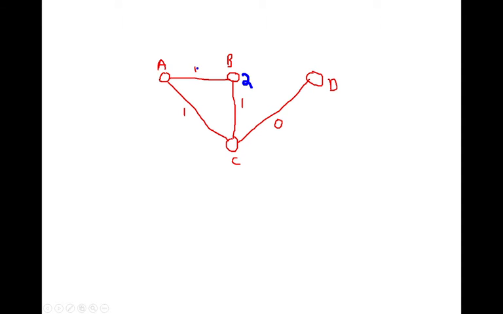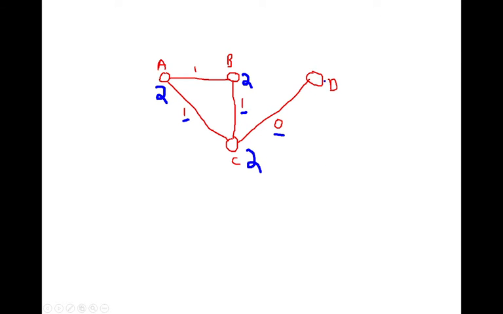Similarly, there are 2 edges incident on node A, so the sum of the weights of these 2 edges is 2. Same goes for this as well, because although there are 3 edges incident on node C, this is 1, this is 1 and this is 0, right? So the weight here is 2.